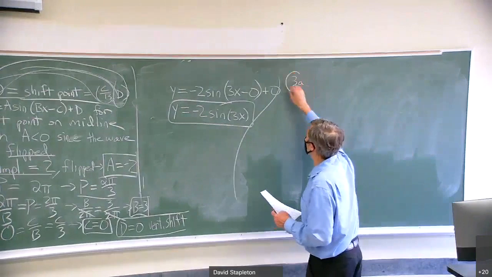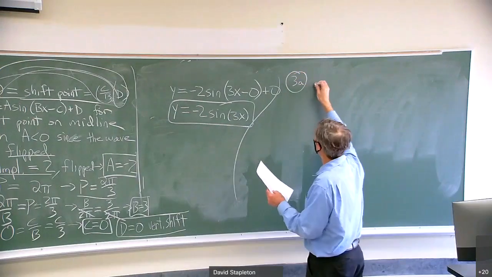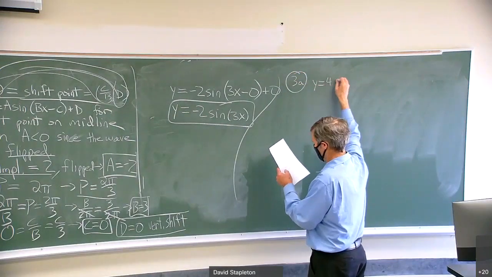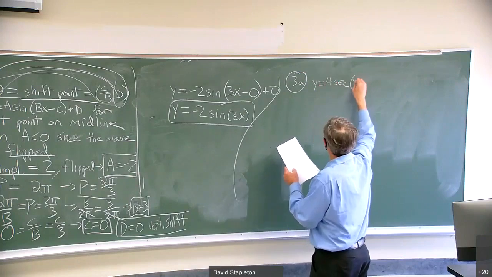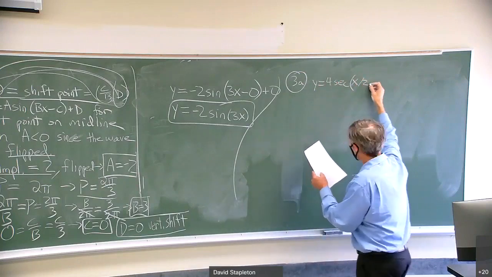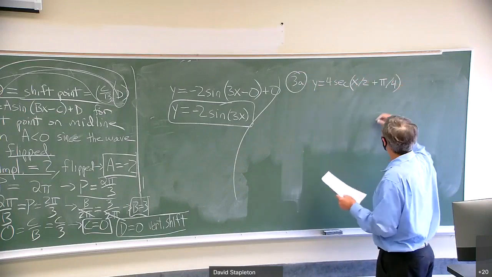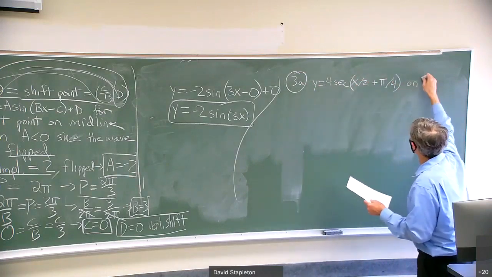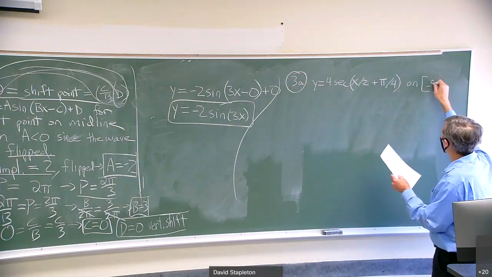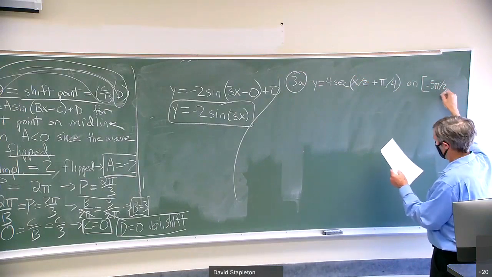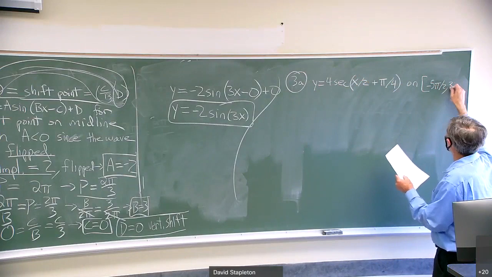Suppose instead of a sine or a cosine, I want a secant. Y equals 4 secant x over 2 plus pi over 4. I wrote it like that, and then I said on the interval minus 5 pi over 2 to 3 pi over 2.